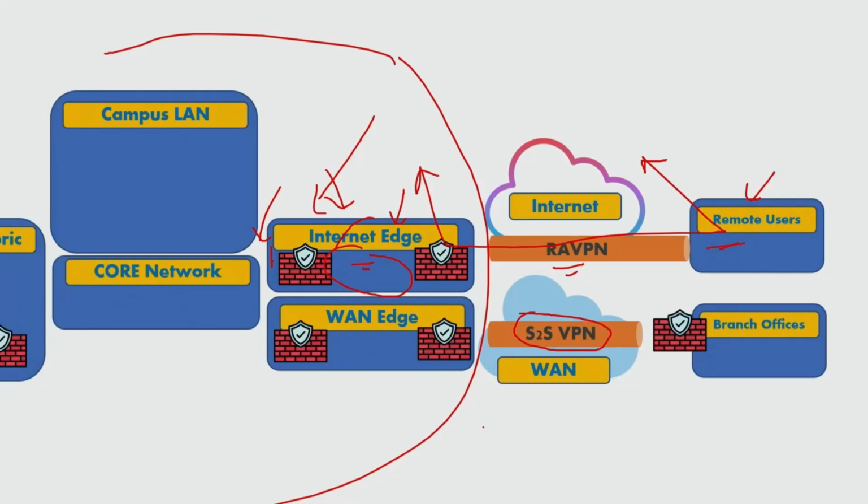Now, the Cisco ASA firewalls, if you are familiar with these firewalls from Cisco, or the Cisco Firepower next-generation firewall, are used to aggregate VPN connections at the internet edge here. Okay, Cisco AnyConnect Secure Mobility Client, put it here, is used by mobile clients, the remote users, to provide remote access VPN capabilities for these users.